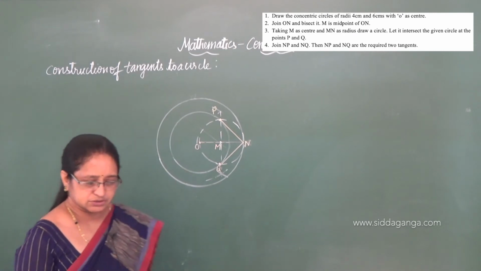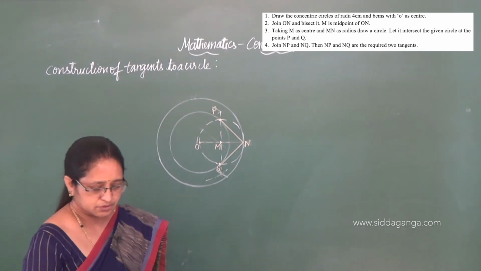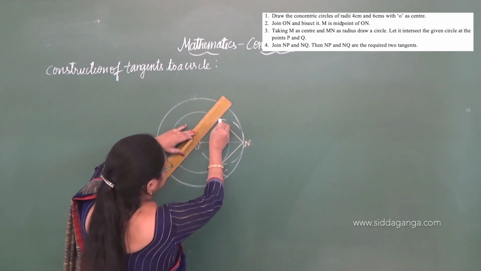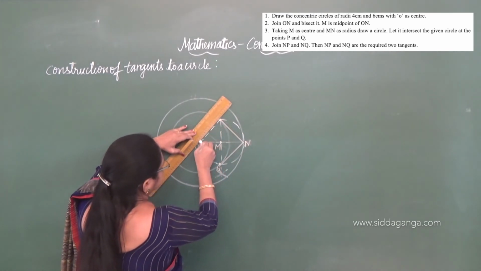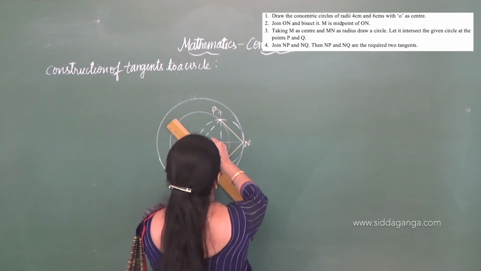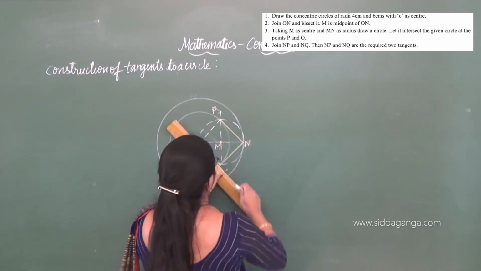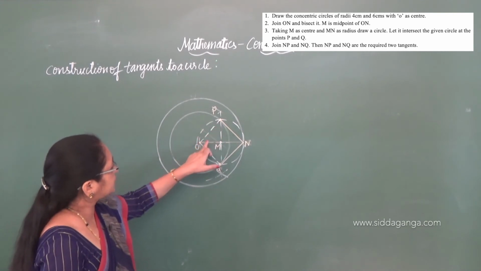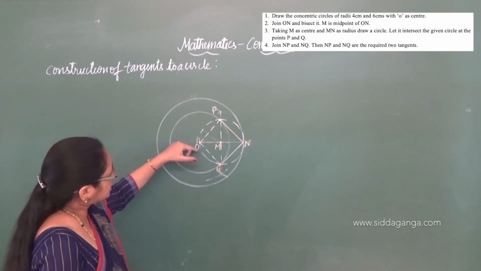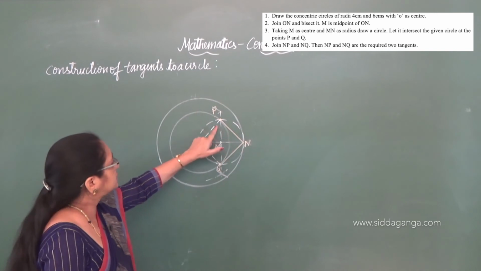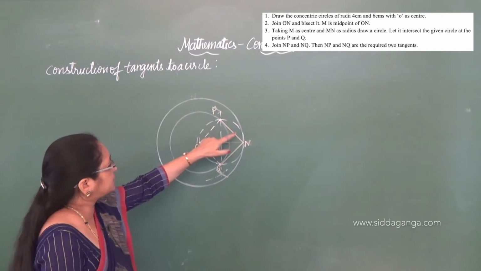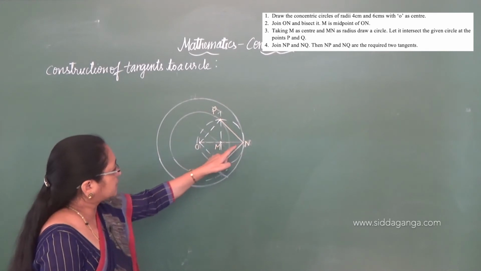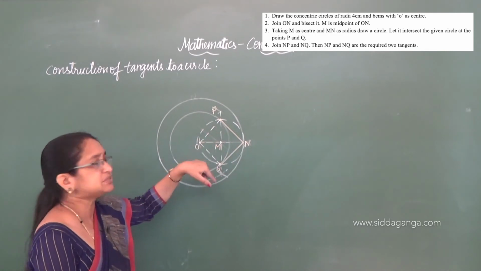Okay, again for this also you can join here and prove the justification, the same procedure as we did in the previous sum. So now again here also, we can see this circle and the angles OPN and OQN, they are the two angles which are in the semicircle.